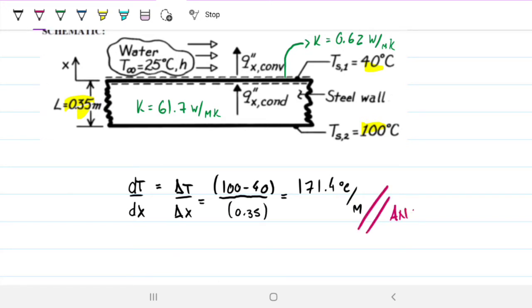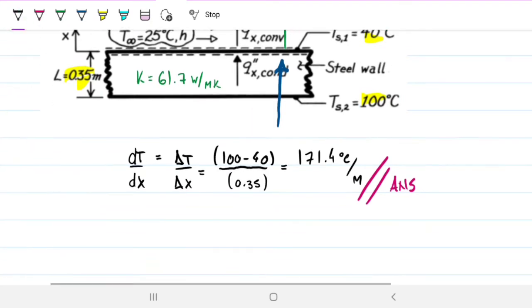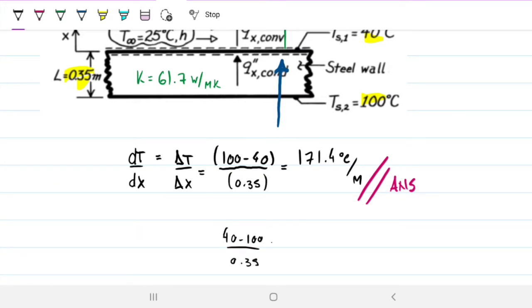Now the only thing to note is that heat is traveling in this direction, and our temperatures are 40 and 100, so that would be backwards. It will be 40 minus 100 divided by 0.35, which is the same value, just negative, to show that it is a negative gradient. What does that mean?